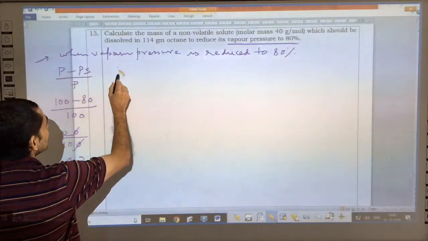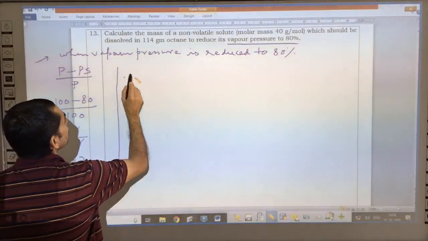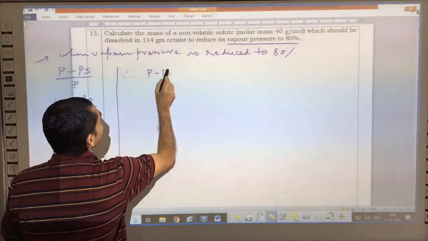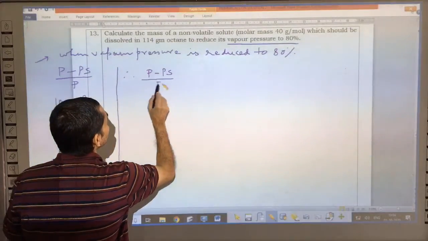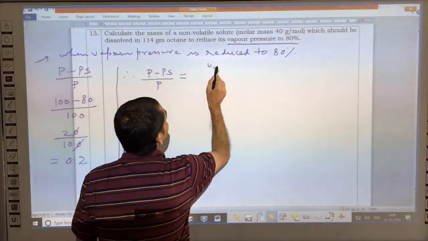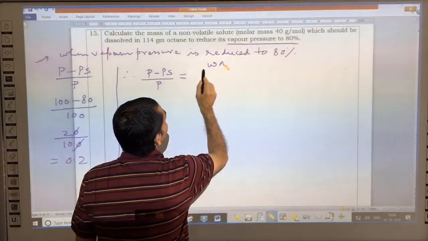Now let us solve it. After this, I am solving it over here. Therefore, P minus Ps upon P is equal to WA upon molar mass.